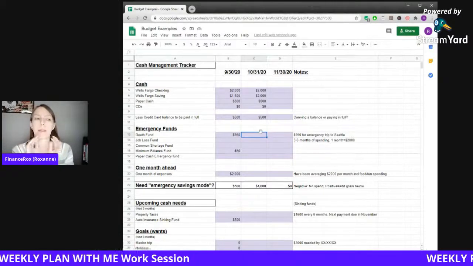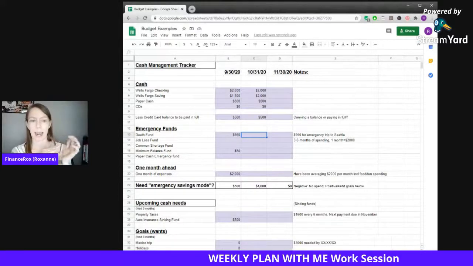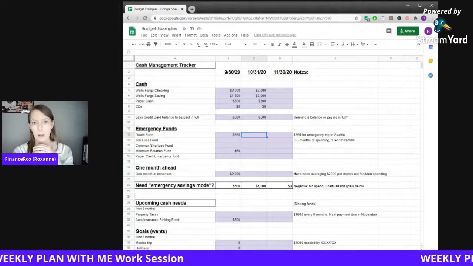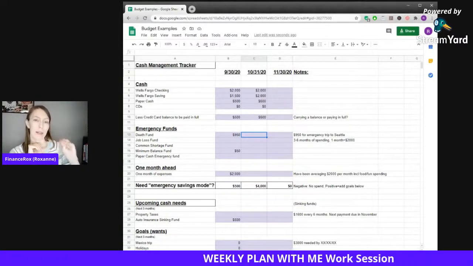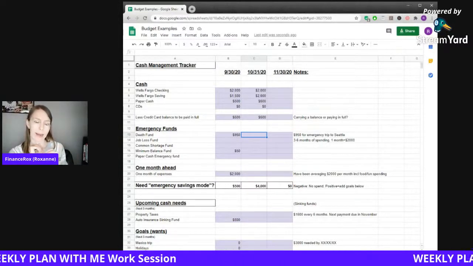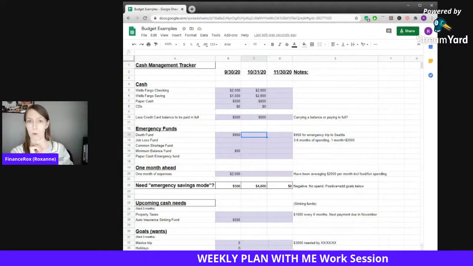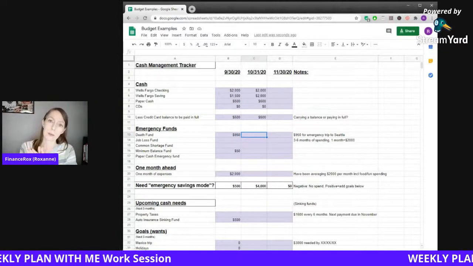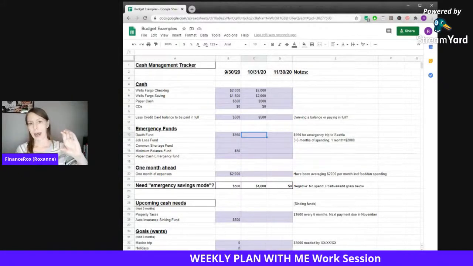Okay, so maybe I should back up here. The whole point of cash management and cash flow tracking and reporting is to answer the question: is the amount of money I have right now enough to cover my current obligations? When I was going to school and then paying off debt, I didn't necessarily budget, but I did do this analysis quite frequently, saying, here's how much cash I have.